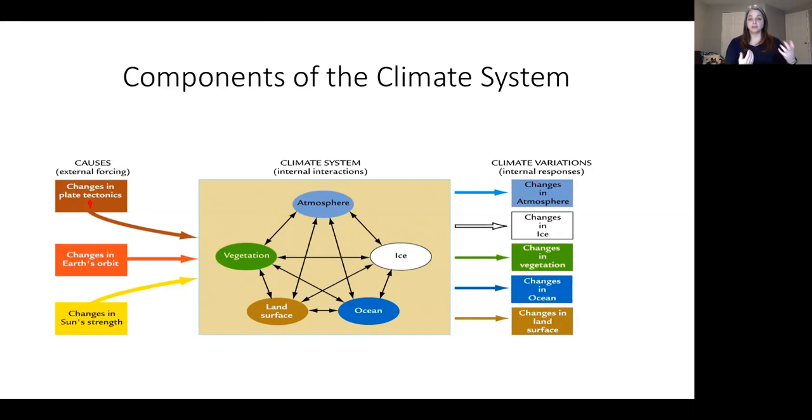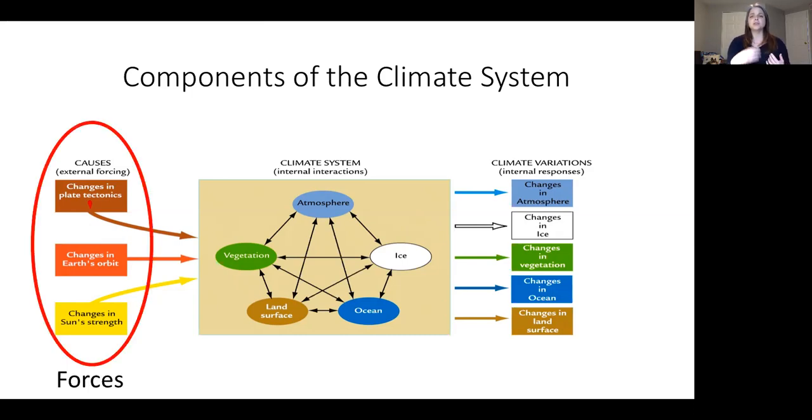In this mini lecture, we're also going to talk a little bit about the causes or the forcing mechanisms with respect to the climate system. So things like changes in plate tectonics, changes in the Earth's orbit, and changes in the sun's strength. So thinking about those forces that we're looking at. And each of those forces varies over time in terms of how long it takes for plate tectonics to impact components of the climate system.